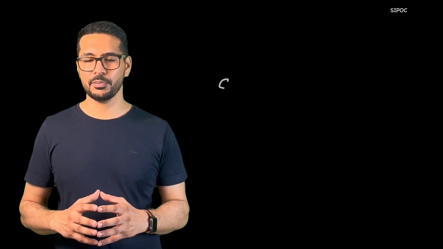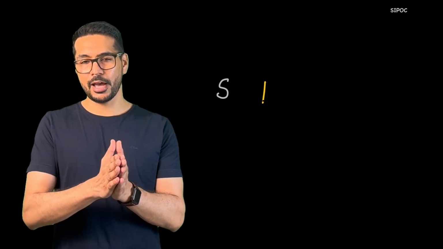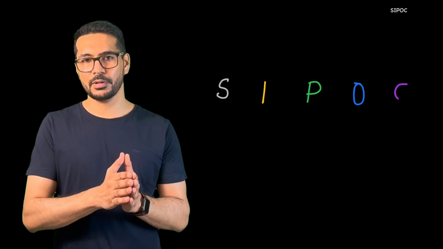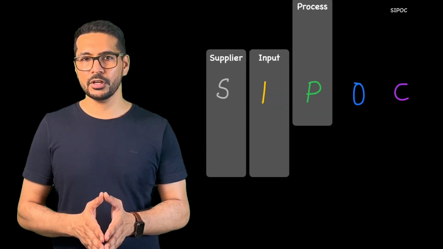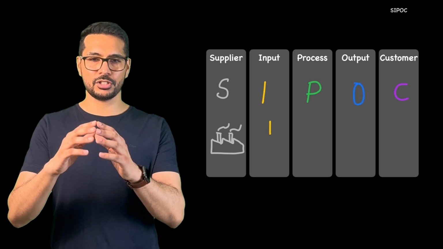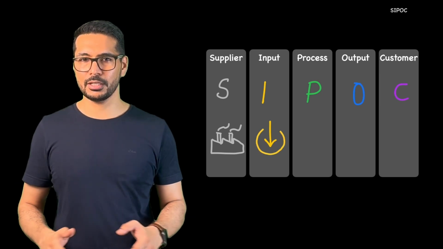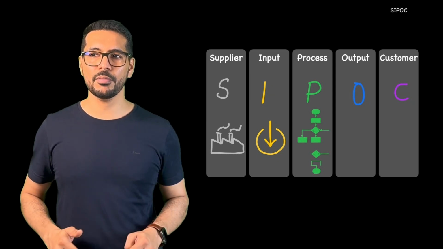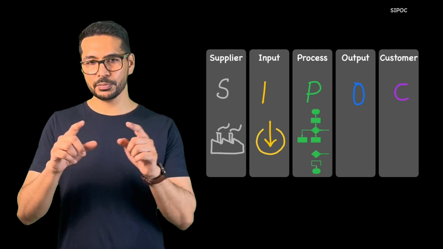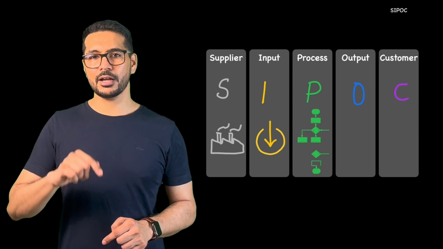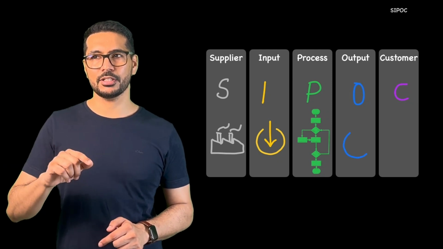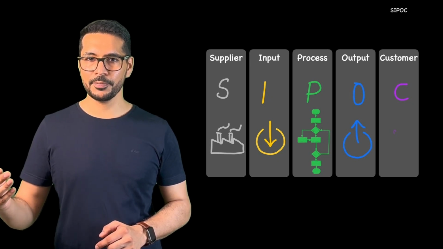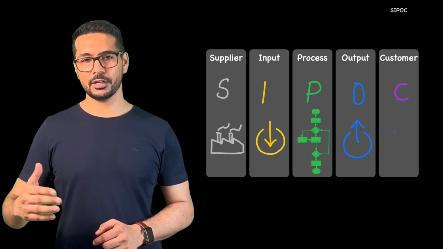So SIPOC means big picture in a diagram where we write these are the suppliers and they are supplying these inputs for the process, which is the one main process in the middle which our department or our area is performing. And out of this process, these are the deliverables and these are the outputs we are expecting or we want to generate or are being generated right now.